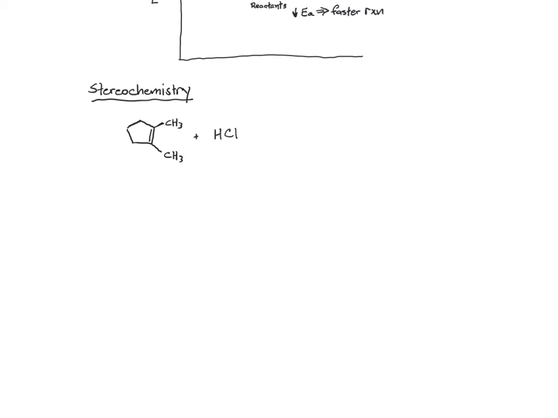The reaction of this alkene with HCl is going to produce a hydrohalogenation reaction. Now here again, we're not worried about which carbon gets which part of the molecule because it's a symmetric molecule.